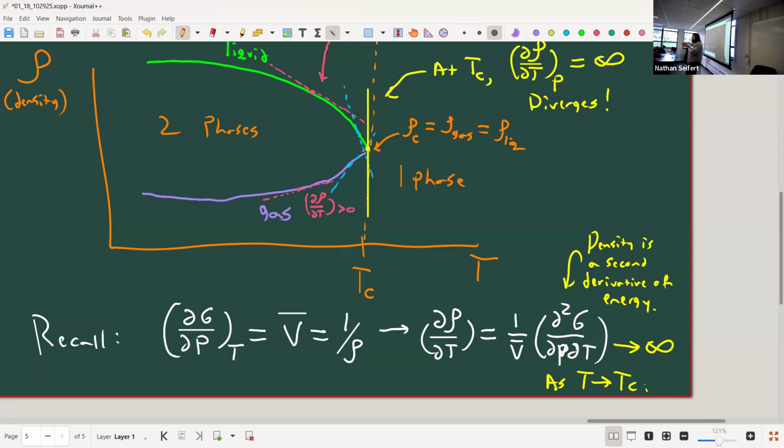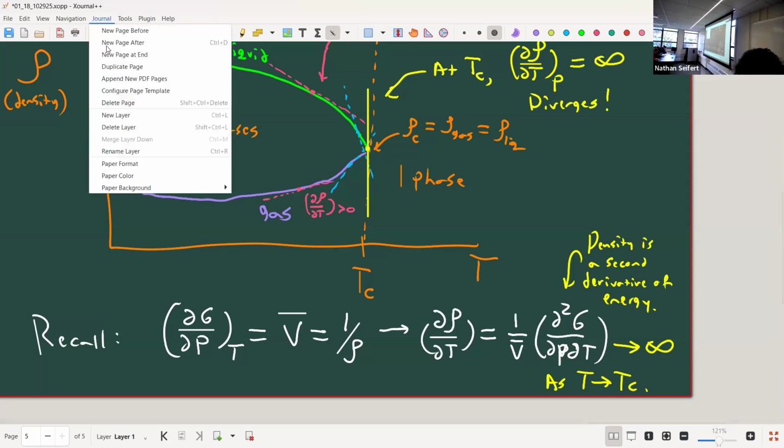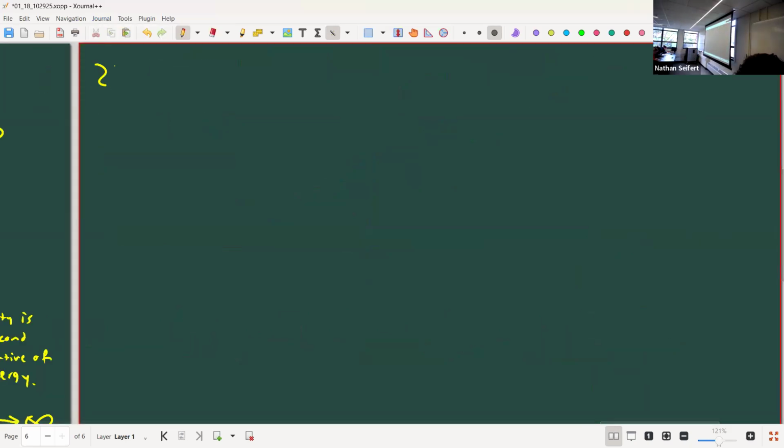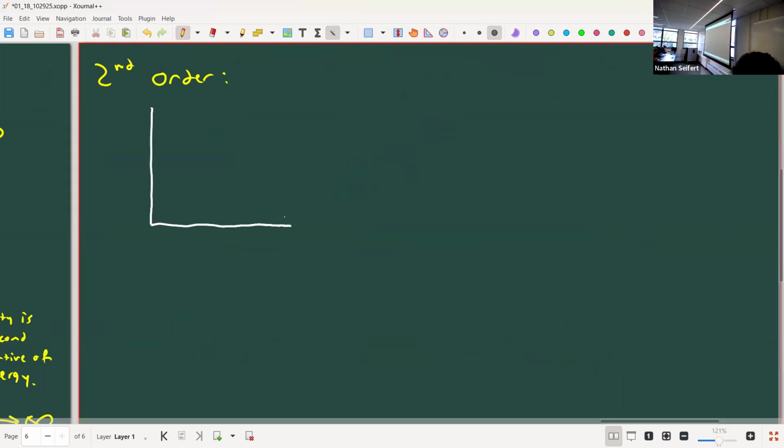But what's happening is the curvature changes. Basically you're on one hilly surface of energy and you've transitioned onto a different hilly surface of energy that has the same energy, but a slightly different shape. This is kind of a weird way to think about a second order phase transition. Imagine you have some parameters, let's say P and T, and you look at the Gibbs energy of the system.